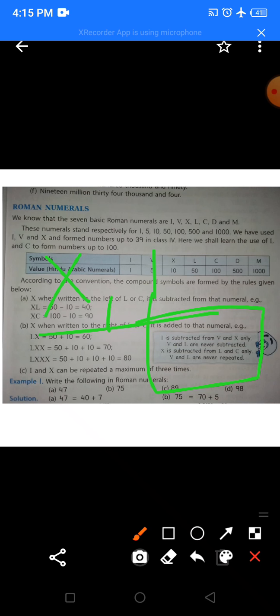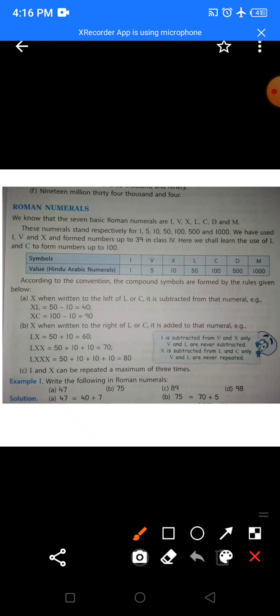Okay children, now 5 and 50 are never subtracted, means you cannot use this to subtract like this. You cannot use this. Neither you can use this. This ma'am, see, this is 50, this is not. 10 you can use, but you cannot use like this. See, ma'am, see, this is I have written 50. Understood? So look here. This is also a very important point that you should remember, that 1 is subtracted from 5 and 10 only.